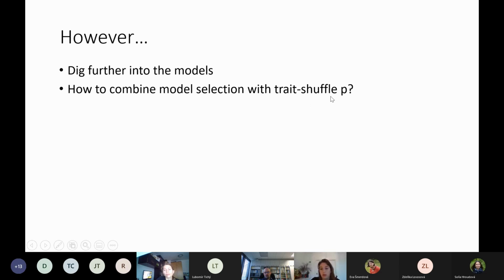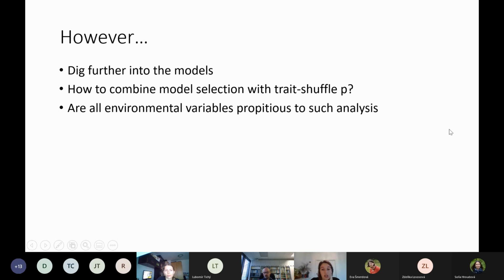Should I test all of them by trait shuffling beforehand and then do the model selection, or was doing the model selection first and then testing the best option? I think there is still room for discussion on this issue.